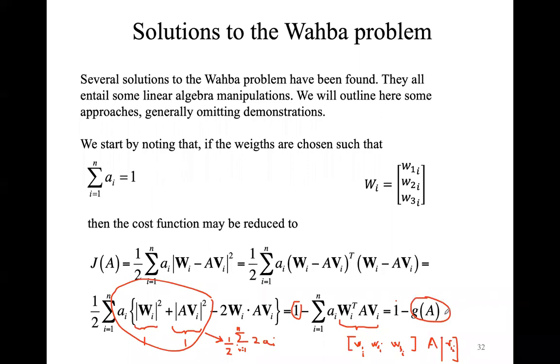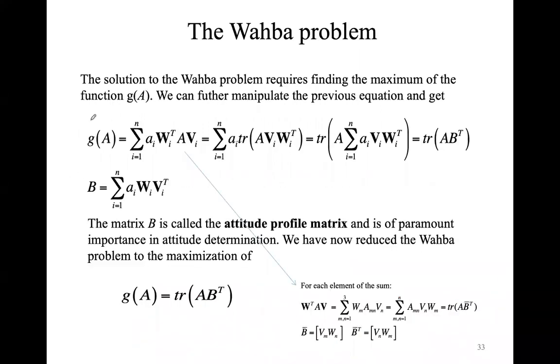So the minus G(A) represents indeed the final cost function. The minimization of J(A) corresponds to the maximization of G(A). So we are only going to look at this function.